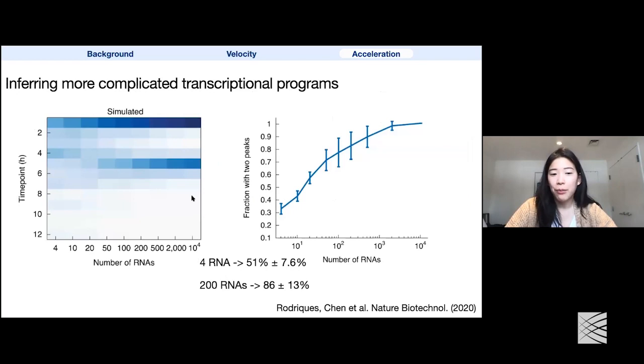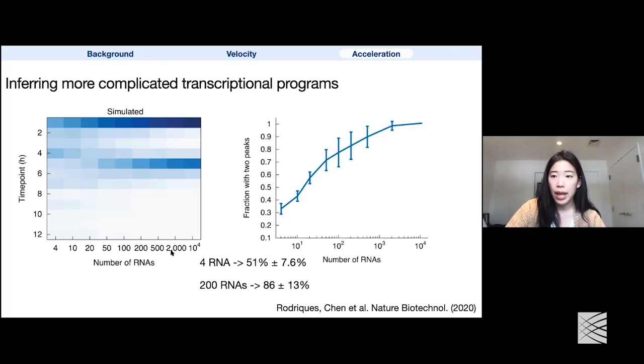So what about more complex programs rather than a single-hour induction? So you can computationally generate these more complex transcriptional programs by making mixtures of RNAs drawn half from your 1 hour time point and half from the 5 hour time point. So applying the gradient descent algorithm, you can then infer this 2 peak transcriptional program.